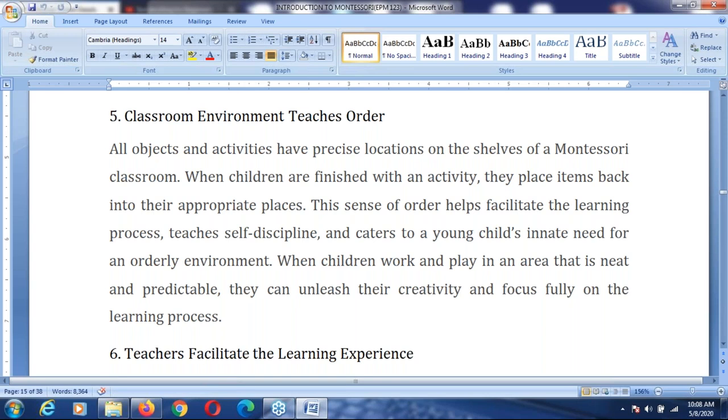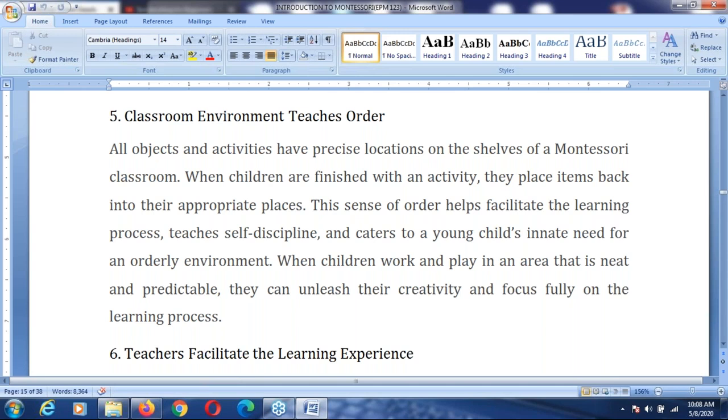So all these are the benefits. One, it encourages cooperative play. Two, learning is child-centered. Three, children naturally learn self-discipline. Four, the classroom environment teaches order, and the rest of them.